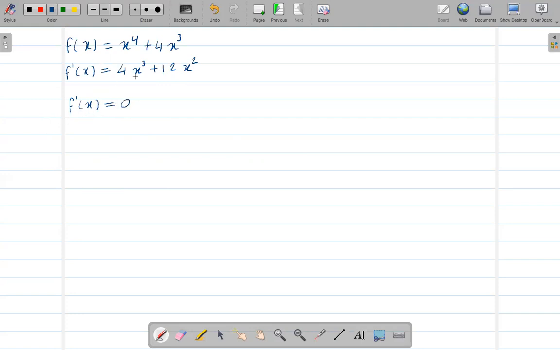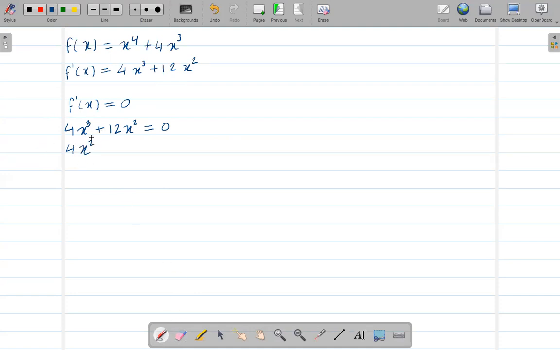So we know f prime of x is 4x cubed plus 12x squared equals 0. From 4 and 12, I can factor out 4. From x cubed and x squared, I can factor out x squared.